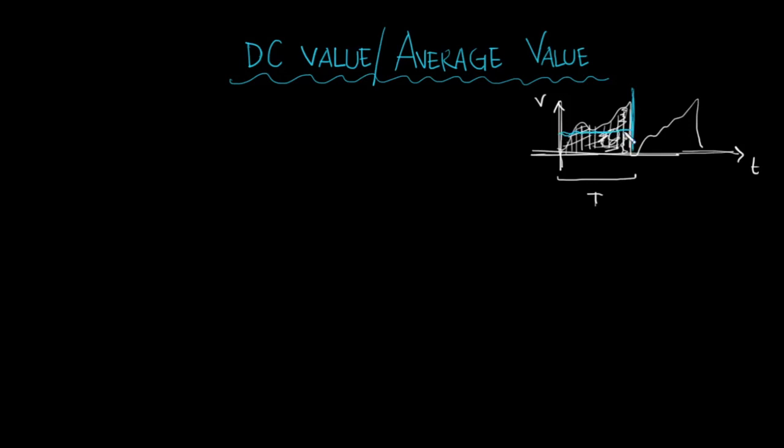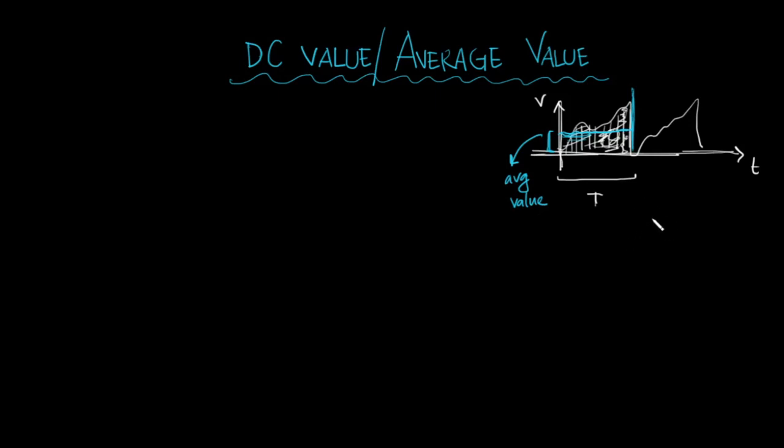This height is equivalent to the average value of the signal. In the case of electrical signals, we also call this value the DC value of that signal. Average value and DC value mean the same thing.